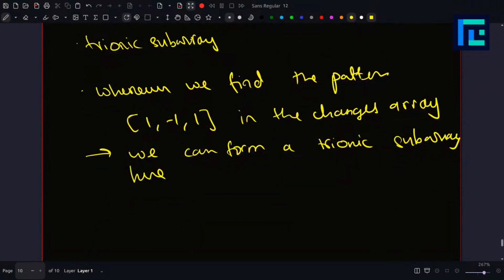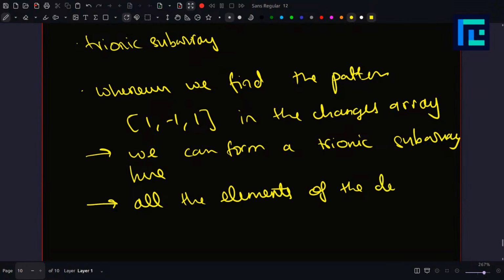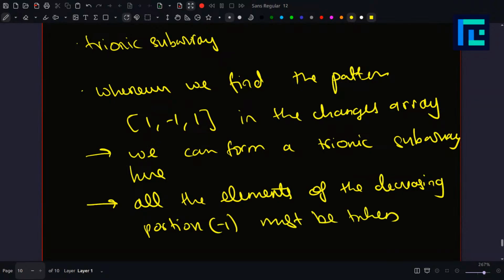All the elements of the decreasing portion, the ones which are -1, must be taken in our subarray, because we need an increasing portion on both ends.